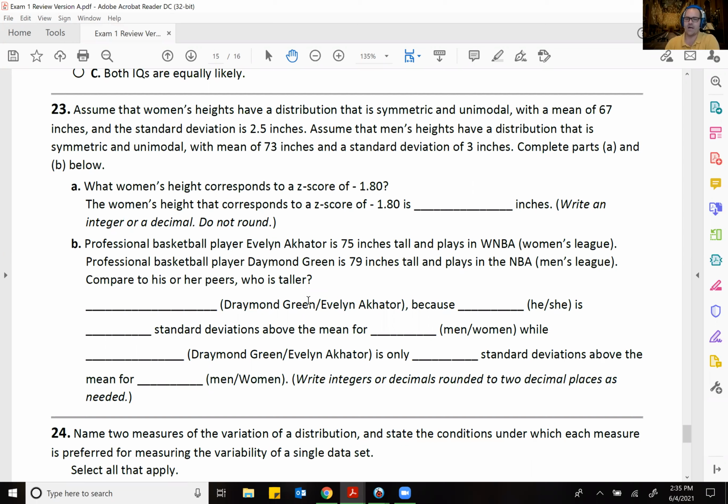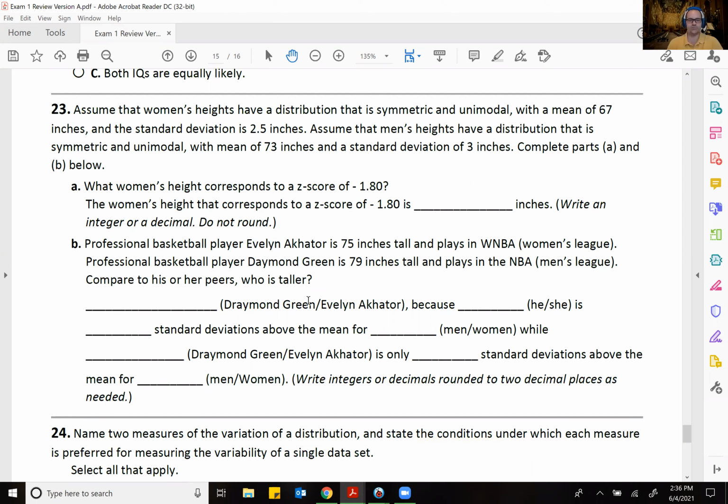Assume the men's heights have a distribution that is symmetric and unimodal. I'm going to put W for women, and M for men. So I've got an X bar for men with a mean of 73 inches and a standard deviation for men of 3 inches.